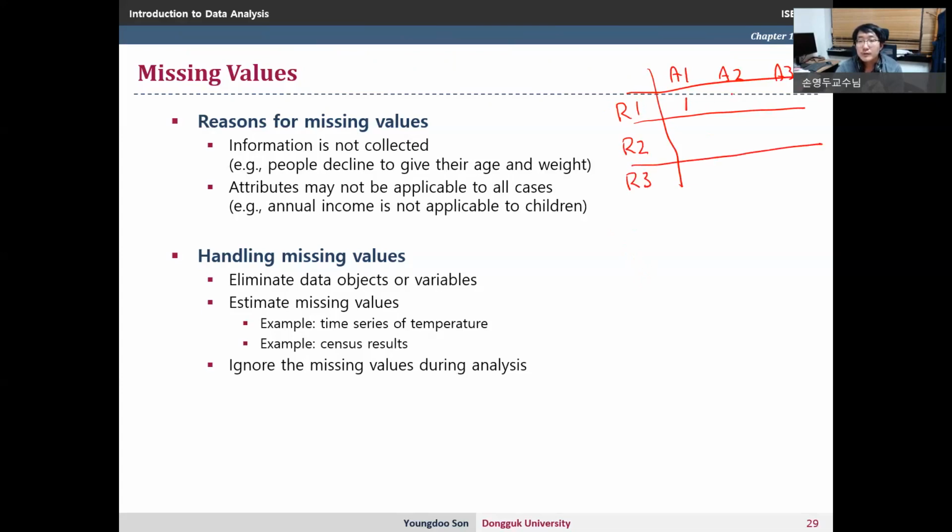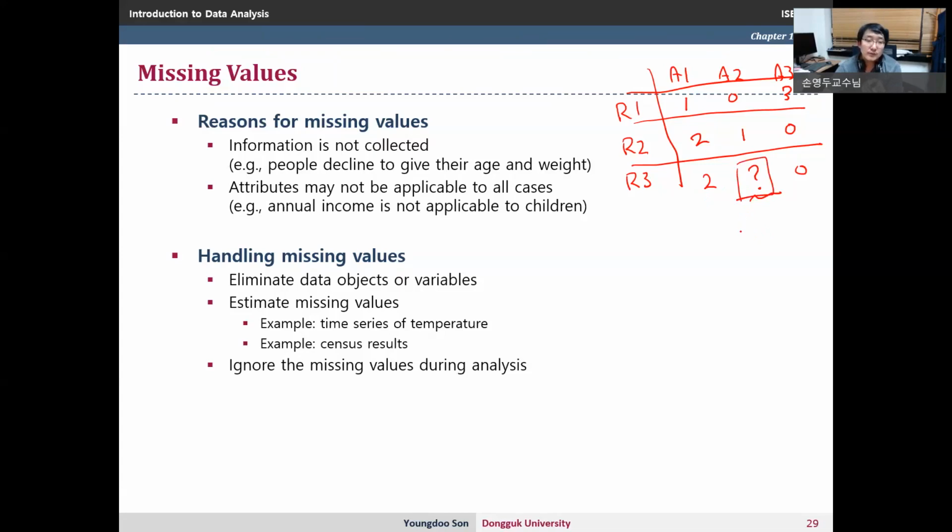Here's 1, 0, 3, 2, 1, 0, and it has 2. In this case, some attribute values are missing. We call this problem the missing value problem.